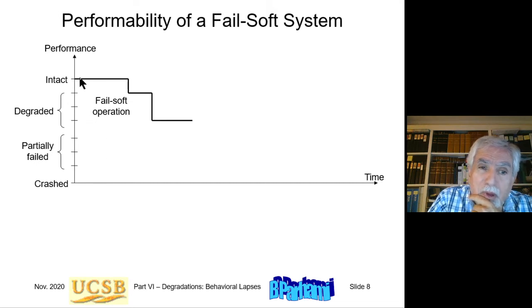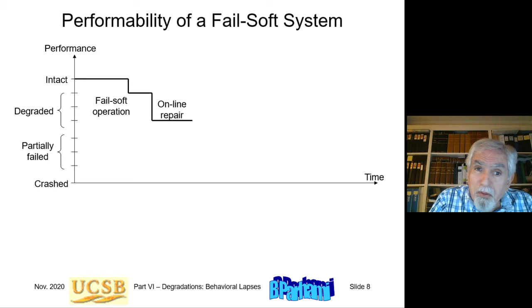And as the system operates over time, initially, let's say it's intact, then some part malfunctions, it goes to the next lower level of functionality or performance, and then perhaps something else goes wrong. As long as we are within one of these degraded states, the system can continue operation, although it won't have the full performance or functionality.